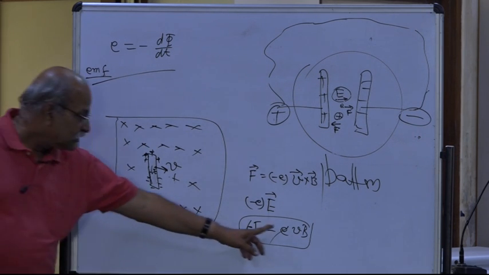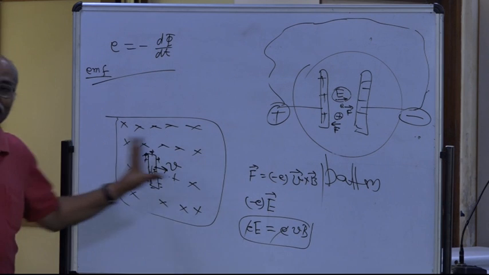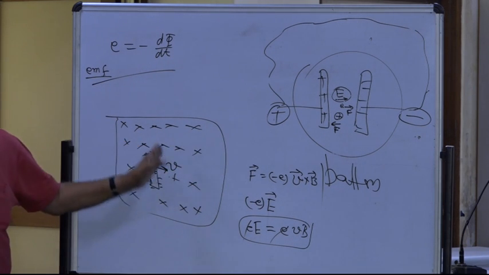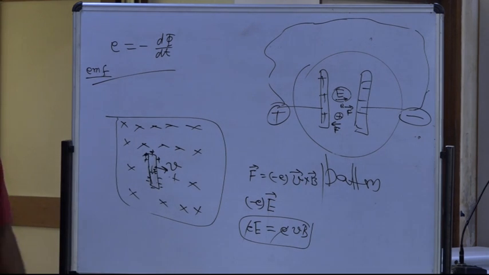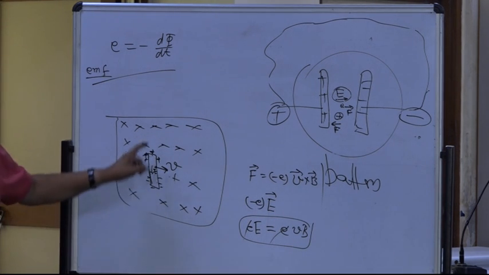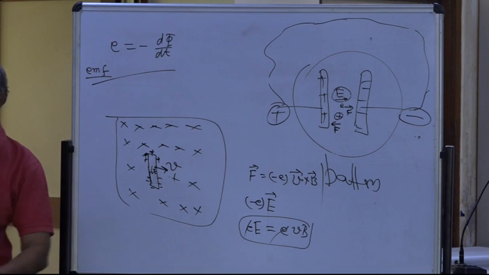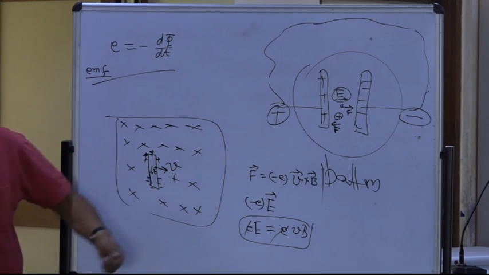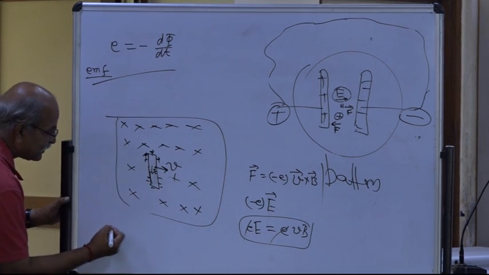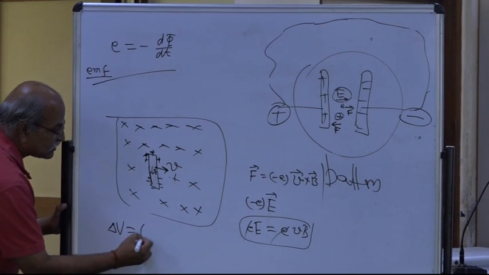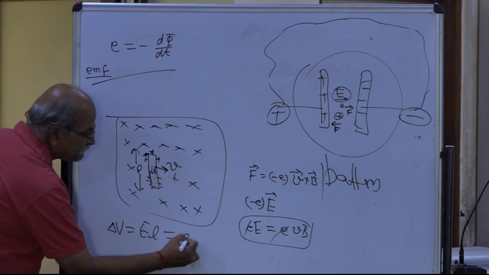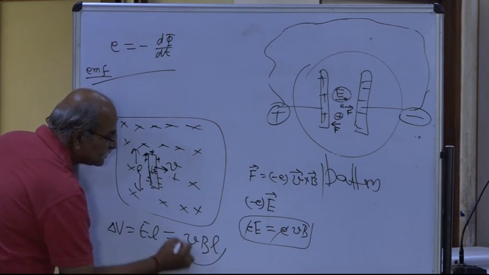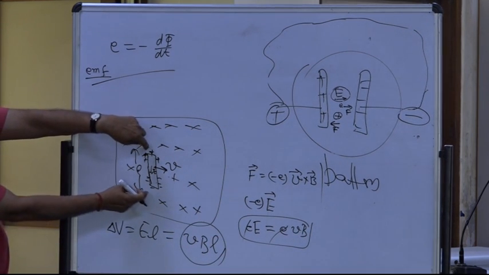With this, the electric field equals V into B, and the rod will continue with this much charge separation. Now you can talk of potential difference, because you have an electric field, and that potential difference is E times the length, which is VBL. So this much potential difference is appearing here.